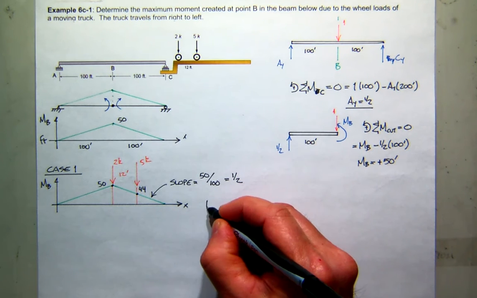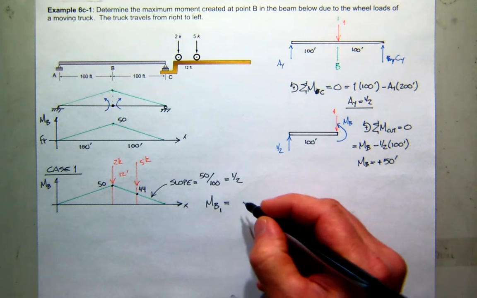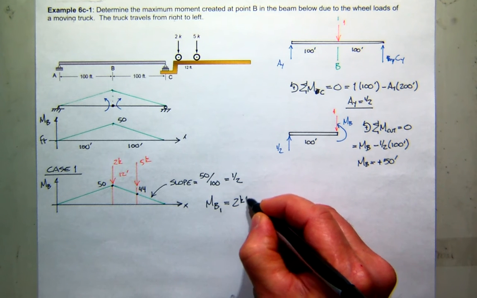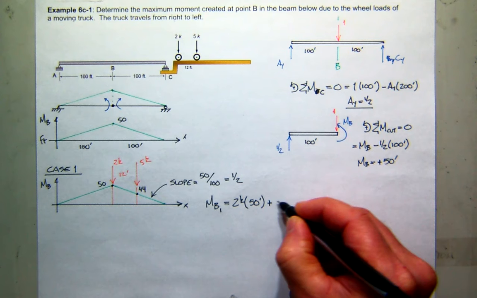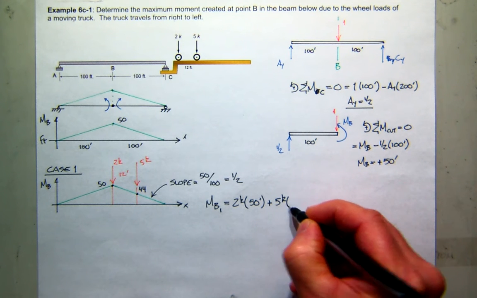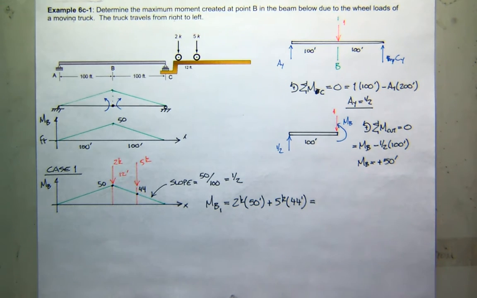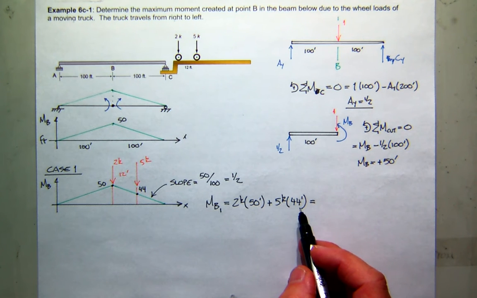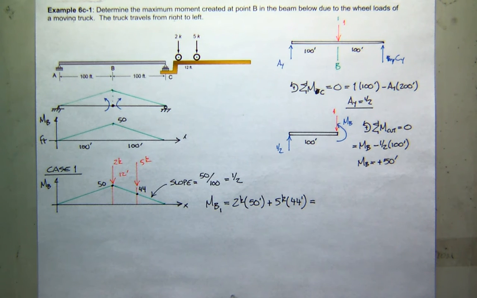So that means the moment at B, I'll call it M1 for case 1, is going to be 2 kips times 50 feet plus 5 kips times 44 feet. So what's that going to be equal to? That's 220 and 100, 320?